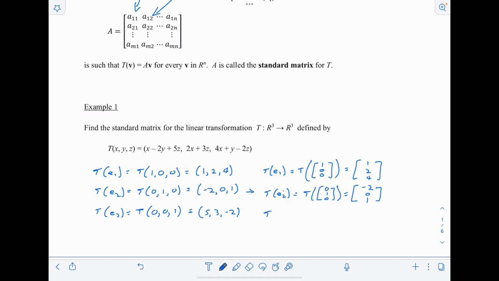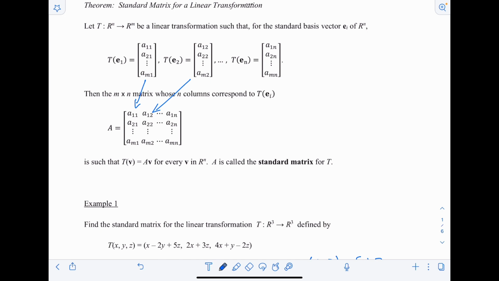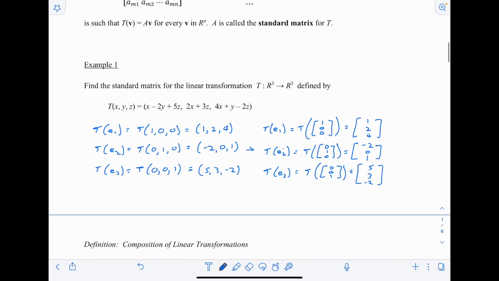And T of E3 is T of 0, 0, 1, which equals 5, 3, negative 2. And again, based on our theorem, putting together A, T of E1 is the first column, T of E2 is the second column, T of E3 is the third column. So A then is the columns 1, 2, 4, negative 2, 0, 1, and 5, 3, negative 2.